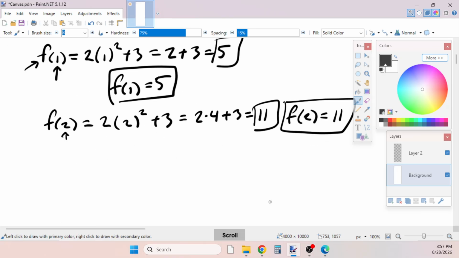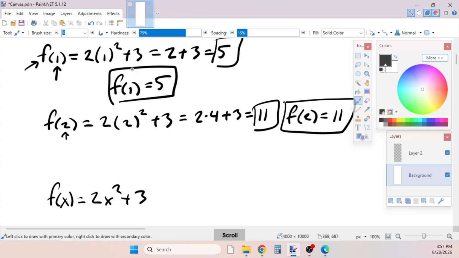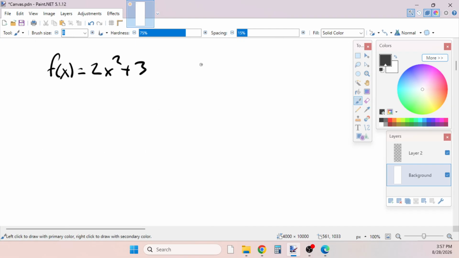Now, functions can be used in arithmetic. I'll still have my same function, f of x equals, I think I said 2x squared plus 3. Let's see. I'll use the same f, but now I'll define a g function.